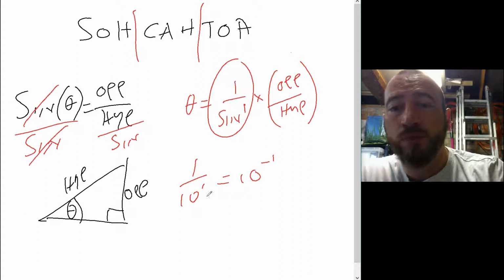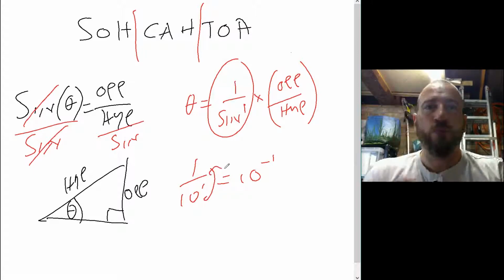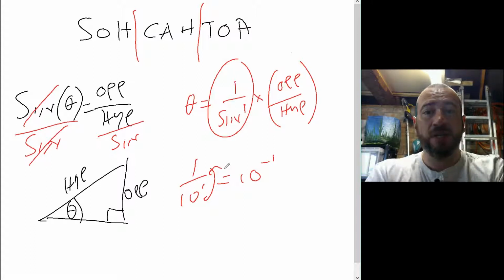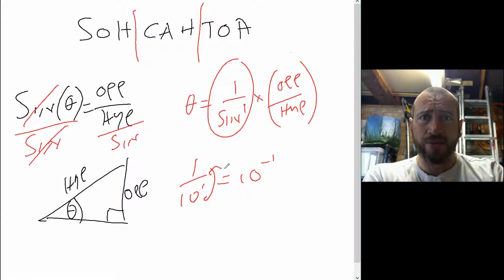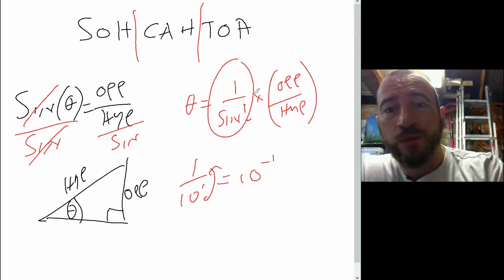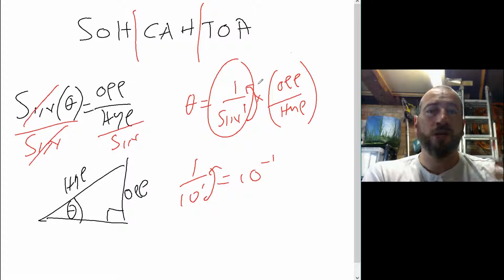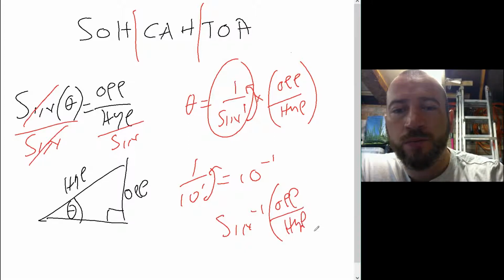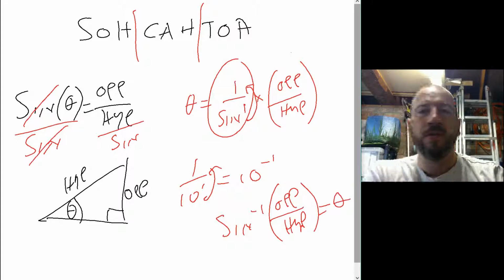What we can do is bring 10 up here and get rid of the fraction if we change the sign of the power from positive to negative. And you put this in your calculator, you can check, divide 1 by 10 and then put in your calculator 10 to the power of negative 1. You'll get the same number. We can do the same thing with this. We can bring sine to the 1 up to the top and we get sine to the power of negative 1 times the opposite over the hypotenuse, and we get the angle.